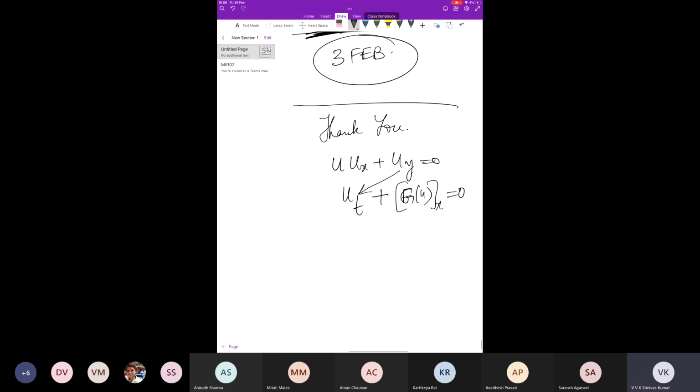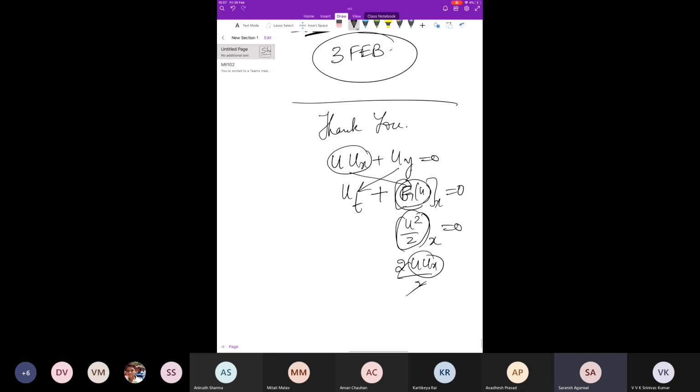So this is u_t, and this is g of u, where g of u is u square by 2, x is equal to 0. So 2u u_x upon 2 is u u_x, so u u_x can be written as the x derivative of g of u, where g of u is u square by 2. Now it's clear, sir.